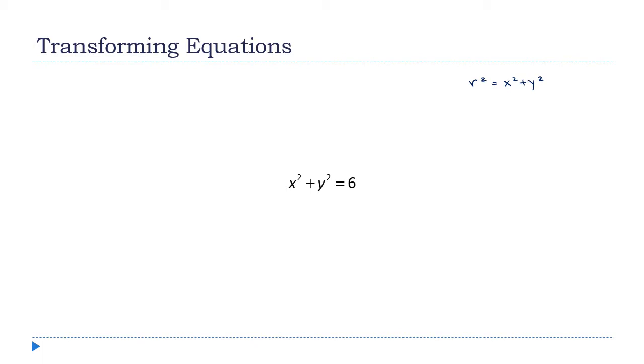Put r squared in there. r squared equals 6, so r is equal to the square root of 6. What do these circles represent? Well, this one is a circle whose center is at the origin and whose radius is the square root of 6.